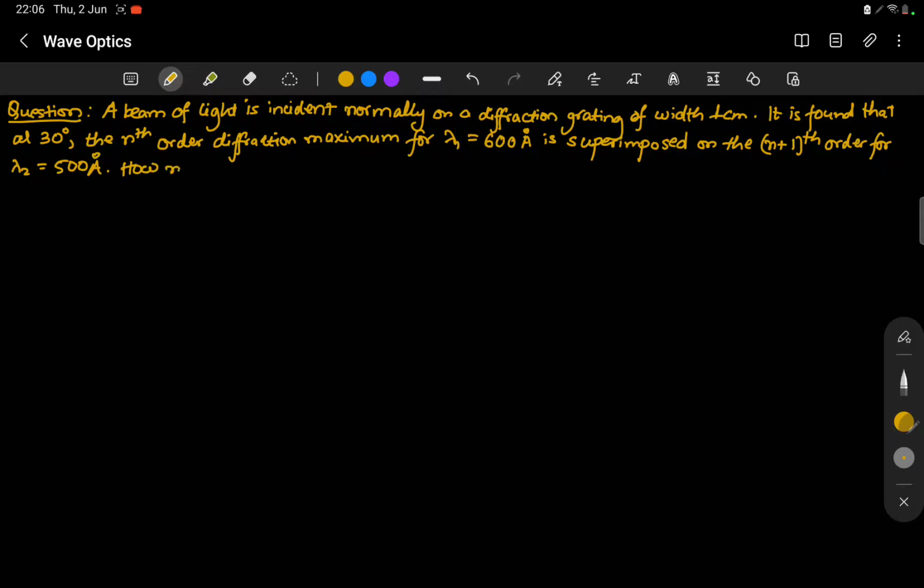How many lines per centimeter does the grating have?